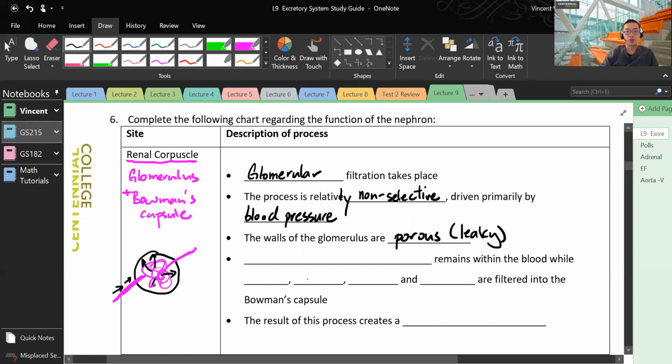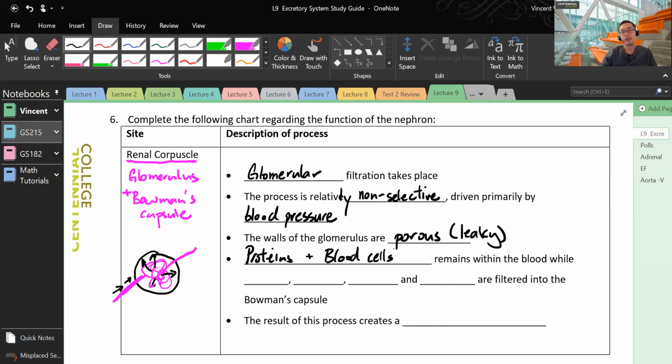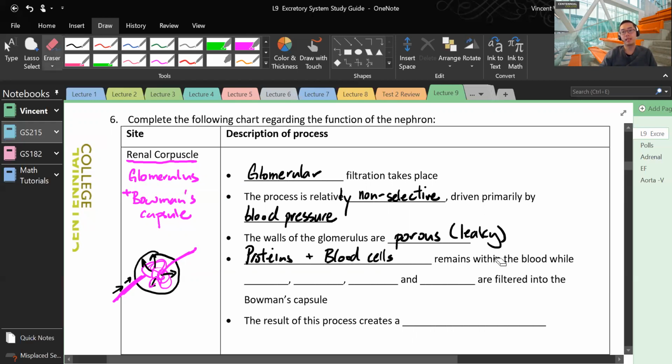Okay. So what remains in the blood? Things like protein. Proteins are very big. They won't go through. And blood cells. Right? We're not supposed to have blood in our urine, right? So the white cells, the platelets, the red blood cells, they remain within the blood, while things like water, not all of it though, right?